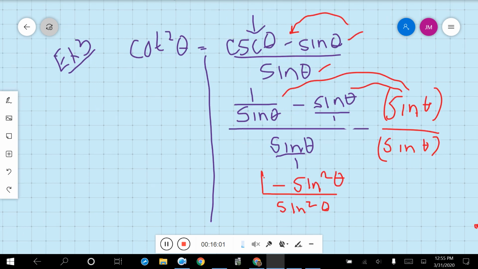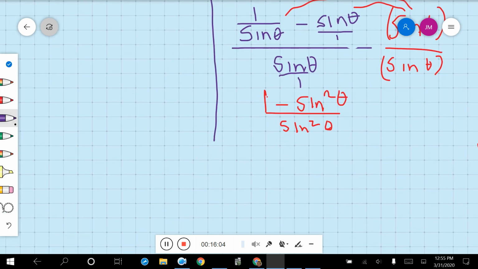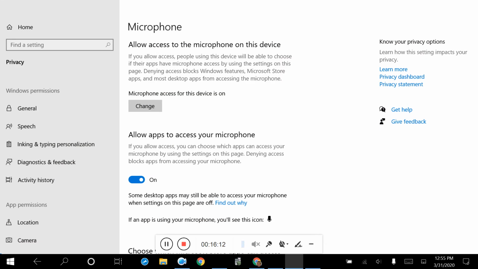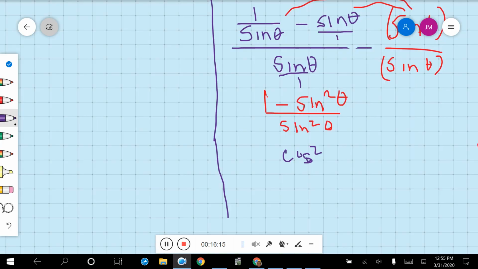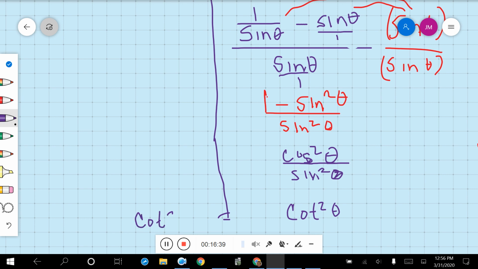According to your Pythagorean identity, you can always replace 1 minus sine squared with cosine squared. So cosine squared theta over sine squared theta. Now we know cosine over sine to be cotangent, so cosine squared over sine squared is cotangent squared theta, which is what we were trying to prove.